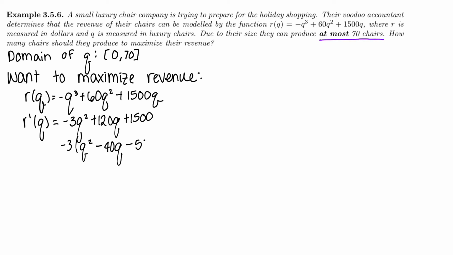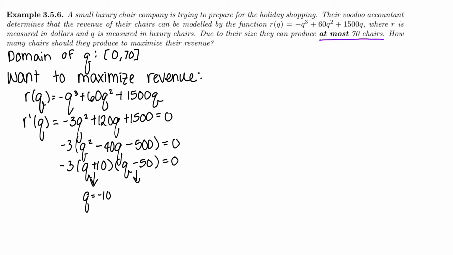That's going to be 500, equal to 0. And this factors into q plus 10 times q minus 50, which gives you the q values negative 10 and 50.